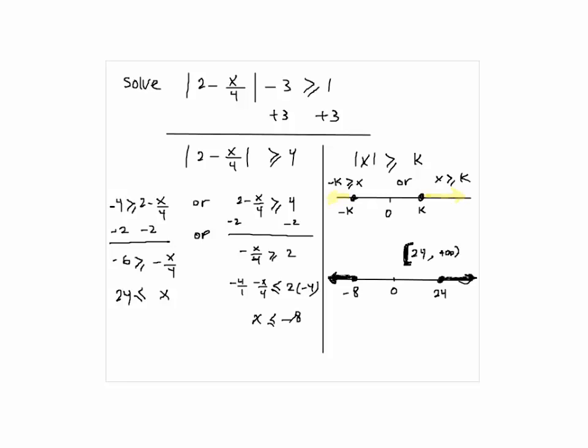So this is positive infinity. Or you use union for or, and we use brackets here to include -8, comma negative infinity. So that's how you write that. This is positive infinity. So that would be interval notation.